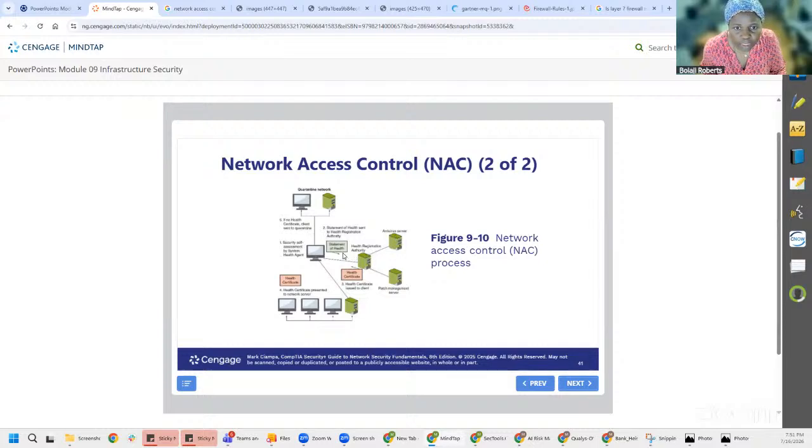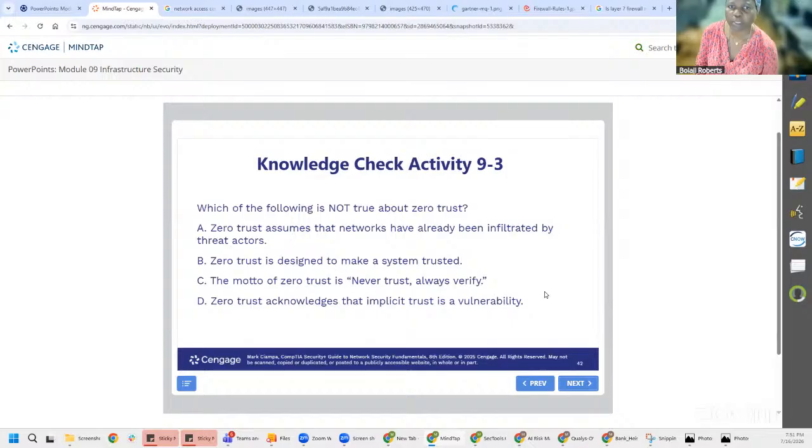You have the health regulation authority that does the health check. So say the system is trying to log in. Once the system is trying to log in, it checks with the health check authority. Now that's the NAC. It checks the antivirus, the patch, everything. If it meets, it allows. If it does not meet, it quarantines. If it's a guest, that's the way I explained it.